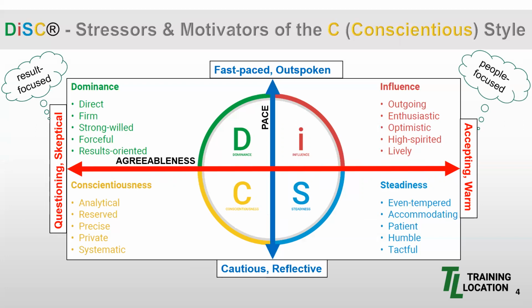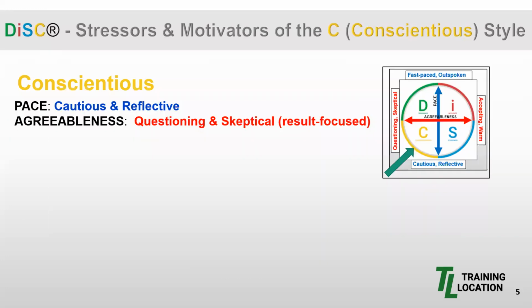Here's the key. It is the interaction between these two continua of pace and agreeableness which forms the four quadrants or basic styles of the DiSC model, and by which you ultimately identify a person's DiSC style. So let's dive in from this higher level down to a closer look at the conscientious style. We already know the two continua of observable behavior which identify the conscientious style.